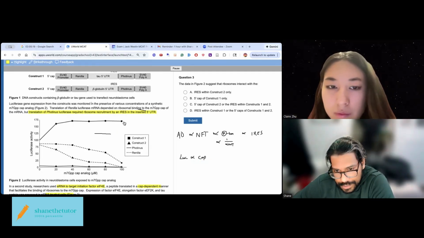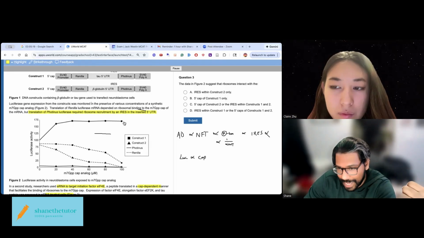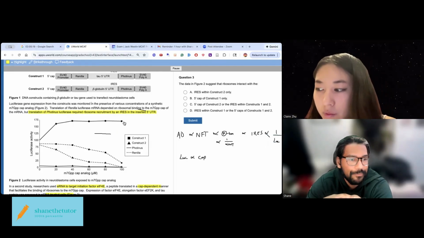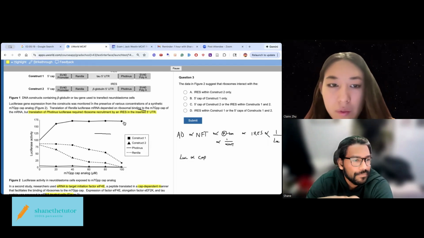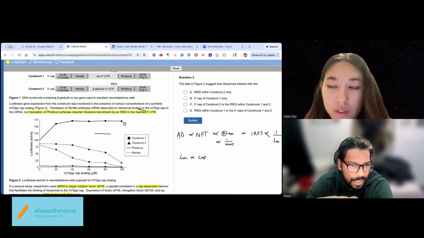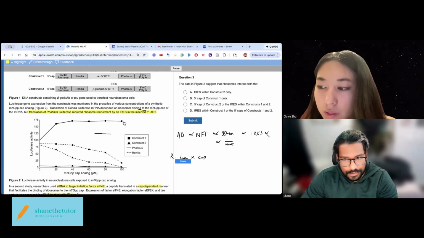So this can tell us that, and then if it's going to bind to the internal site, it's not going to bind to the cap. So this would be inversely proportional to luciferase, right? And then let's see. But translation of photinus luciferase. Oh wait, there's two different types. Required. Okay, hold on, I've got to change this then. Okay, so Renilla.